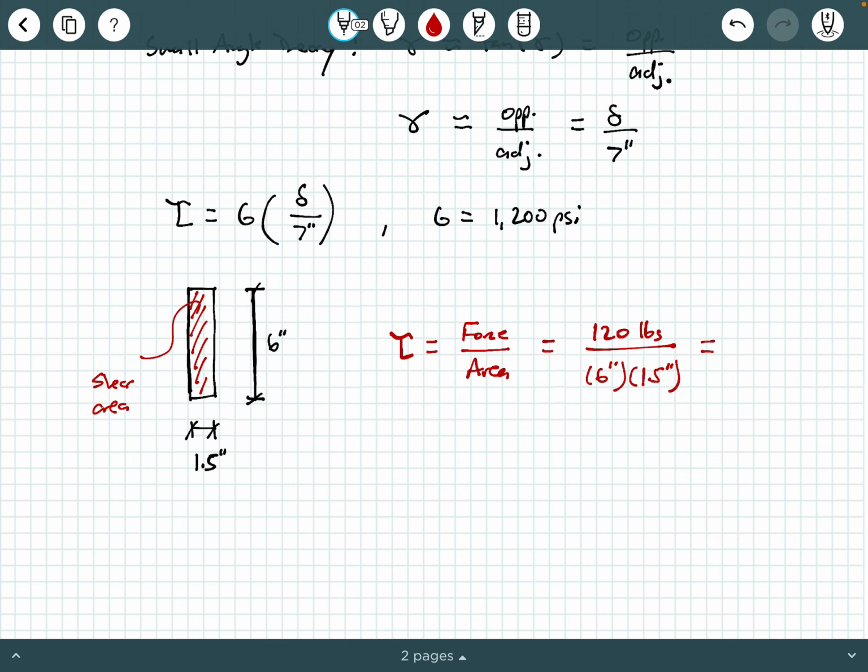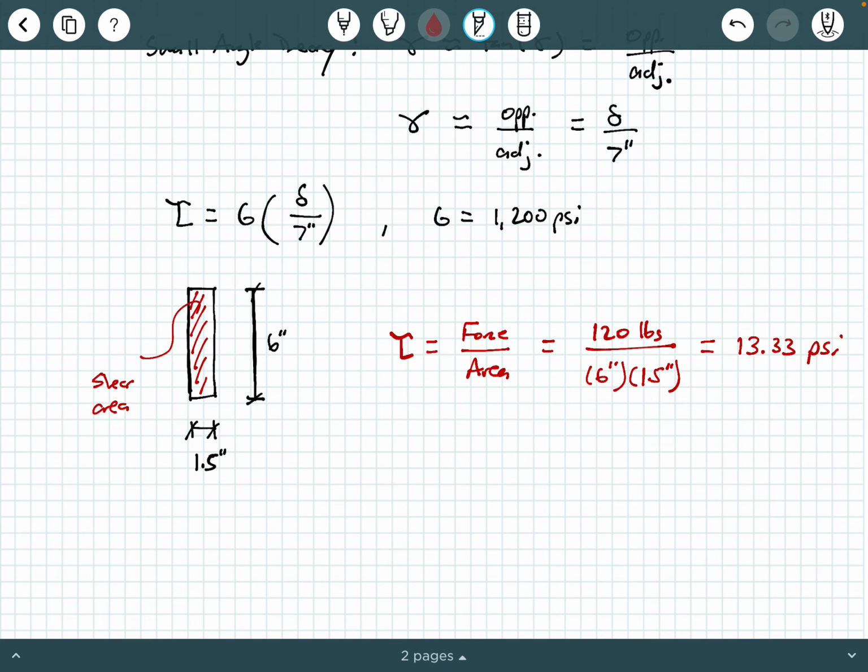And we can calculate that shear stress as, I'm going to use my calculator now, 120 divided by 6 times 1.5, and I get 13.33 PSI, pounds per square inch. So again, this 120 pound force is causing a slicing effect through this area that's 6 inches by 1.5 inches, and that's how we calculate that shear stress.